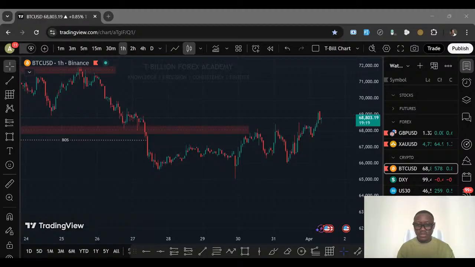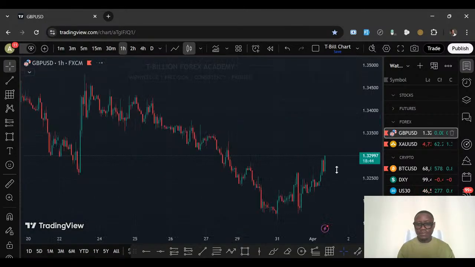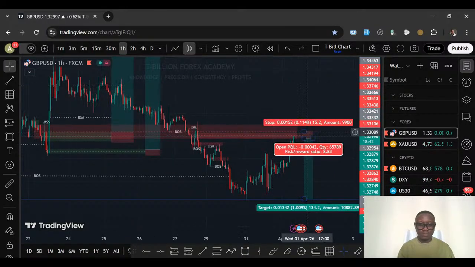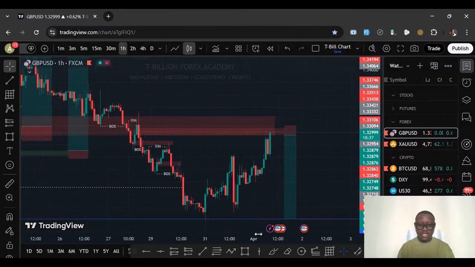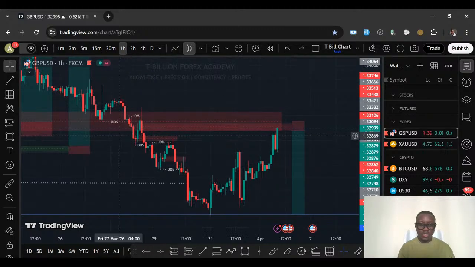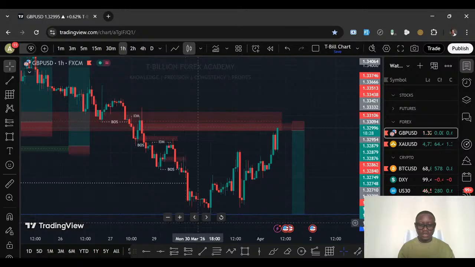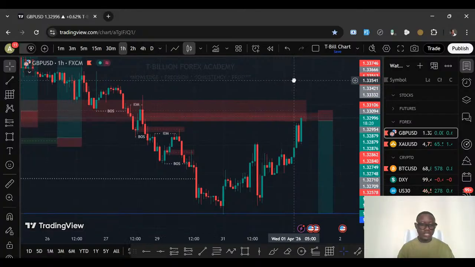So let's look at what we have for today. Let's start with GBPUSD. On GBPUSD, as earlier mentioned, this is what we have. We got this break of structure to the downside on the 1H time frame. On GBPUSD, we are still bearish, so we're looking out for sell opportunities.